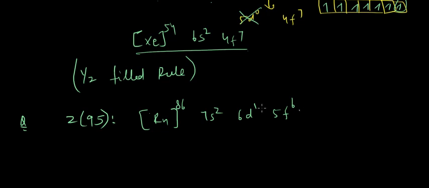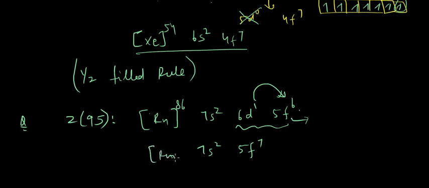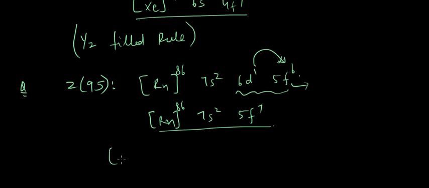Again, this f orbital is just one electron away from getting half filled, so it would form 5f7. This d electron will jump into the f subshell, f orbital or f subshell, whatever you may want to call it. So this is radon 86. Again here also the half-filled rule is applicable.